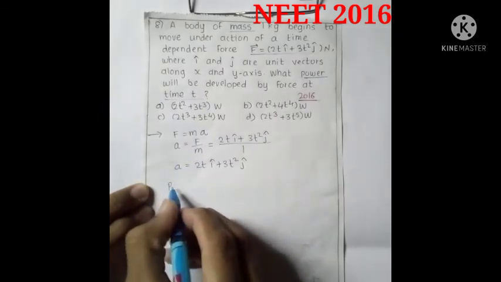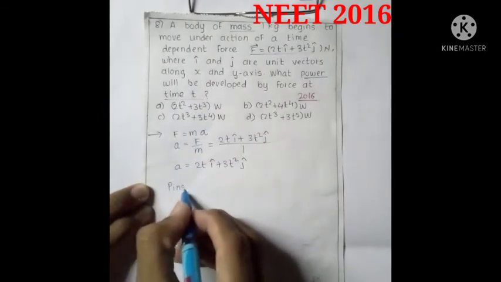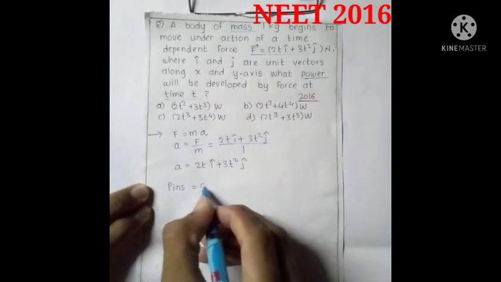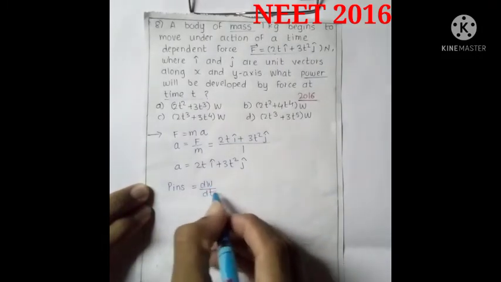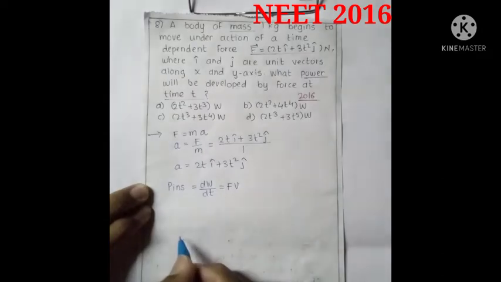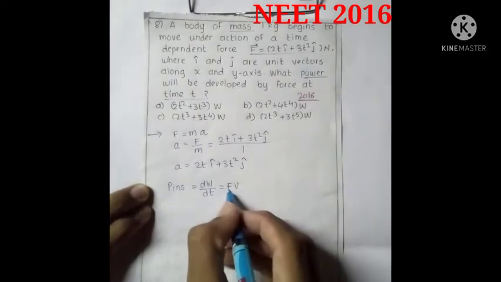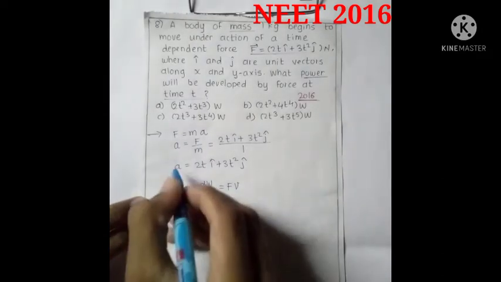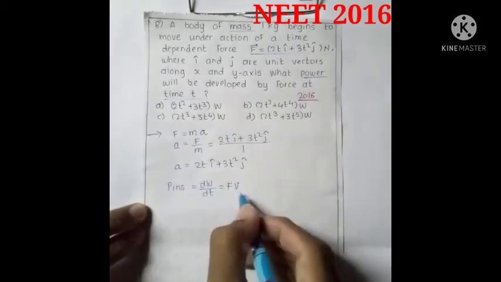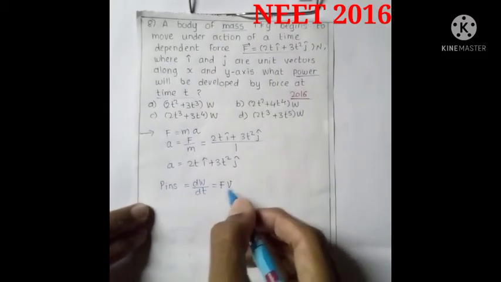We know the formula of instantaneous power. Instantaneous power is dW by dt or force dot velocity. We know the force but we don't know velocity. So from acceleration, using kinematics, we can calculate the velocity.